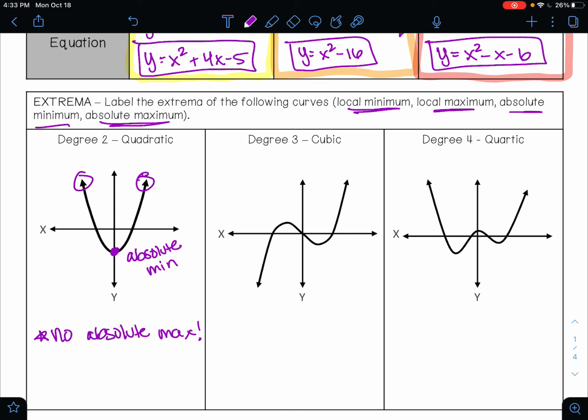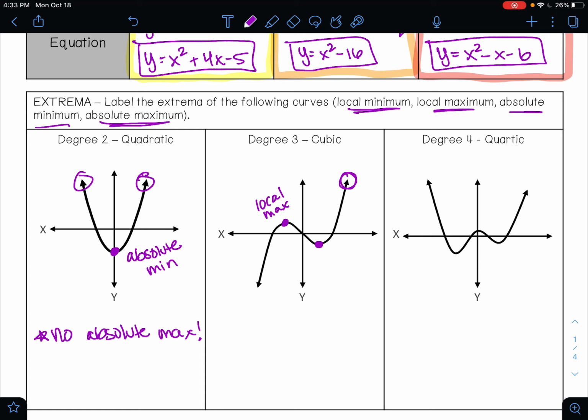For this degree 3 cubic function, this is a vertex, and this would be a maximum because it's the top of a mountain, and this would be a local maximum. It's not an absolute maximum because my graph does get higher than this point right here. So because this isn't the absolute highest point of the graph, it's just a local maximum.